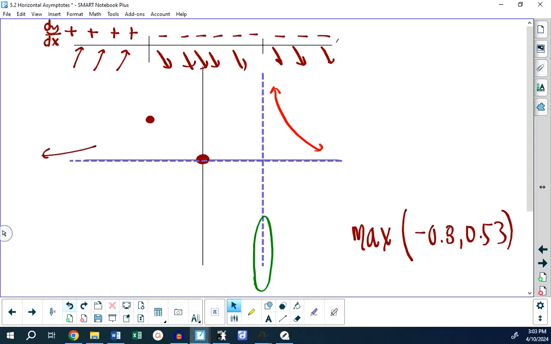But if this is a maximum, it has to have the opposite kind of curve as it goes through that point. It has to be curving, if you look at my hand, kind of in this way against the asymptote, but as it passes through the max this way, which means there's an inflection point. So the graph is going to go like this, through here, down, and be asymptotic.